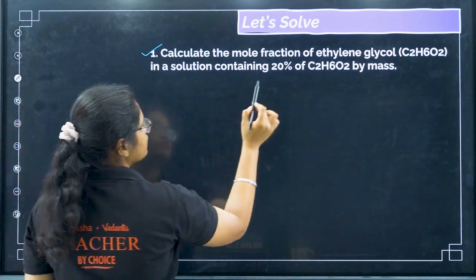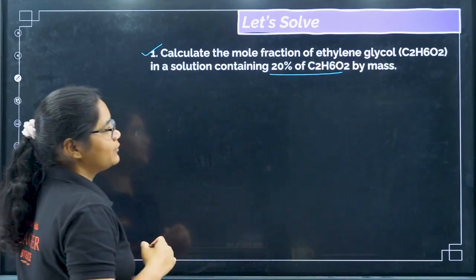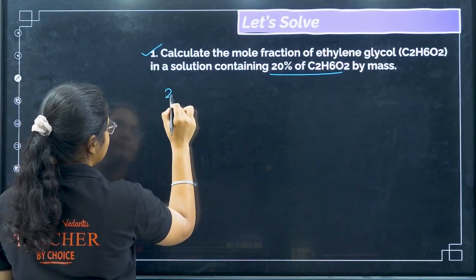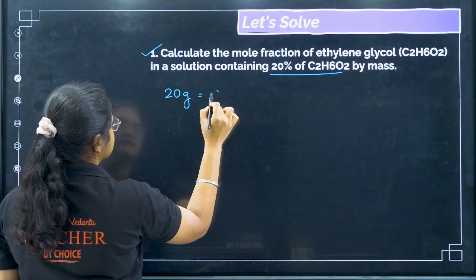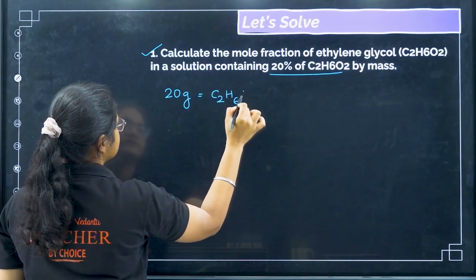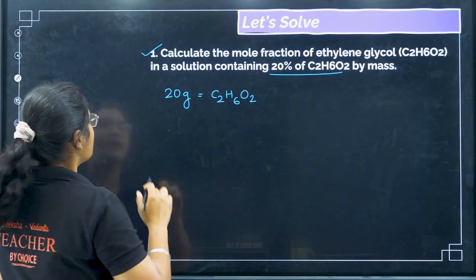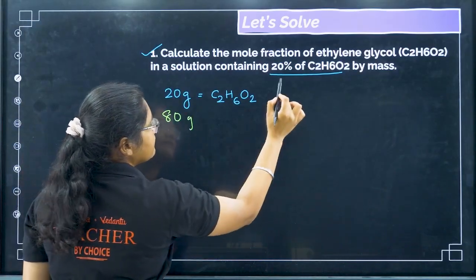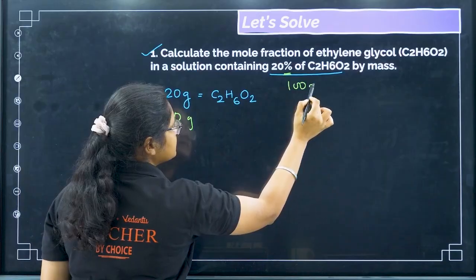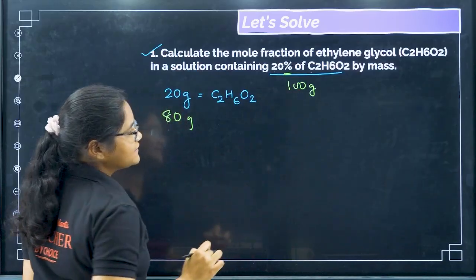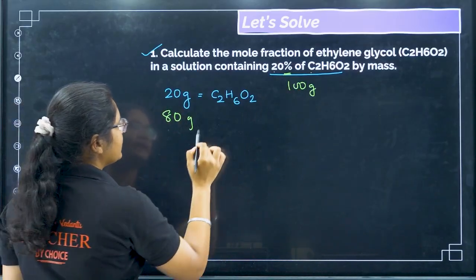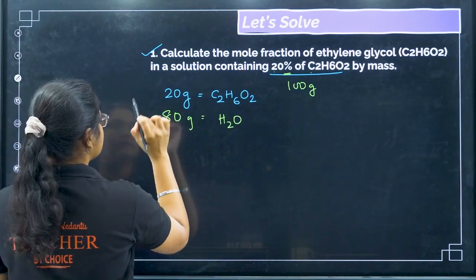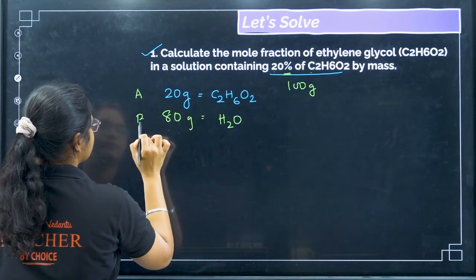You have a solution where 20% is C2H6O2, so 20% means 20 gram is C2H6O2. Then what is the 80 gram? Whenever it is a percentage, that means total mass is 100 gram. Out of that, 20 is C2H6O2, then the 80 gram you have to consider as water. So let this be A, this be B.